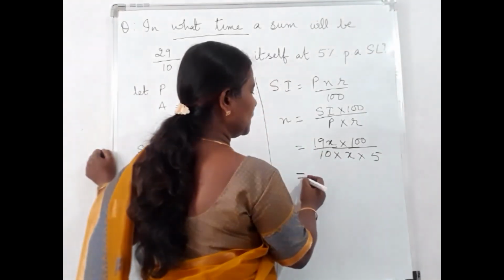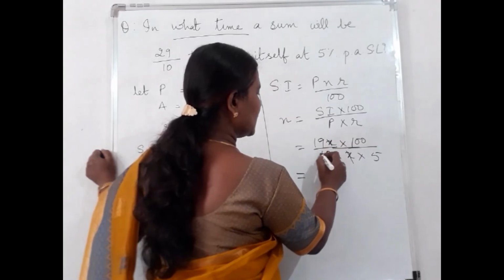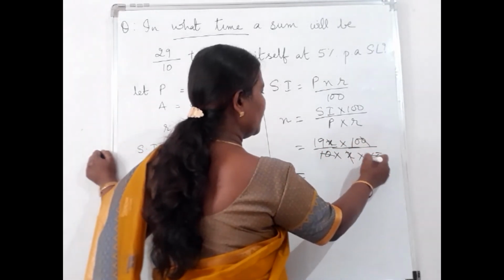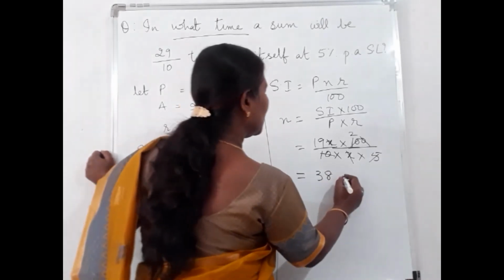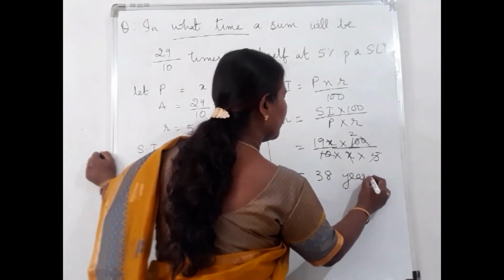Now x gets cancelled, and 5 twos are 10, so that is 38 years.